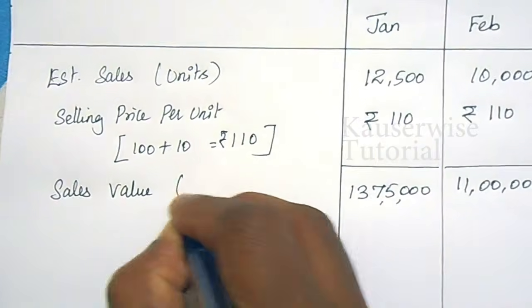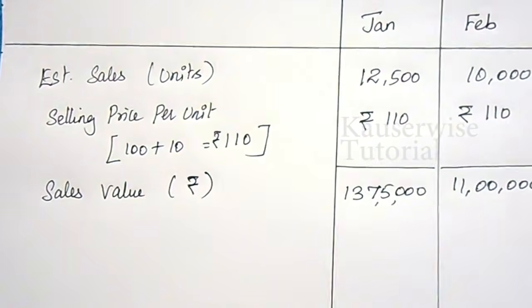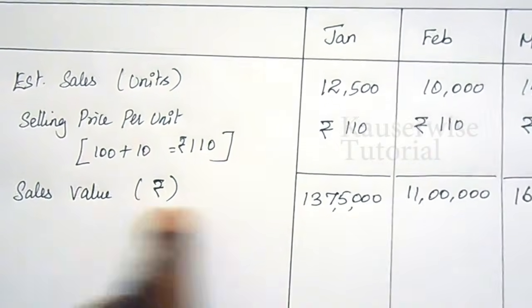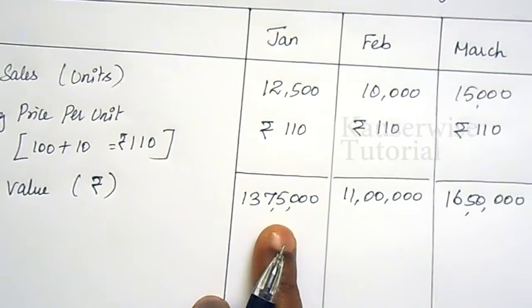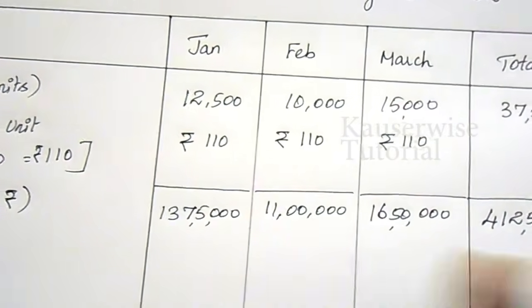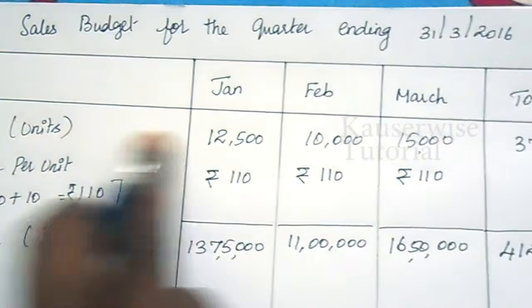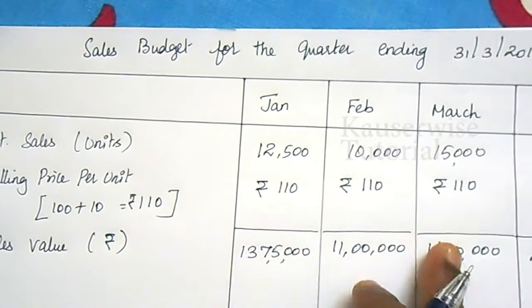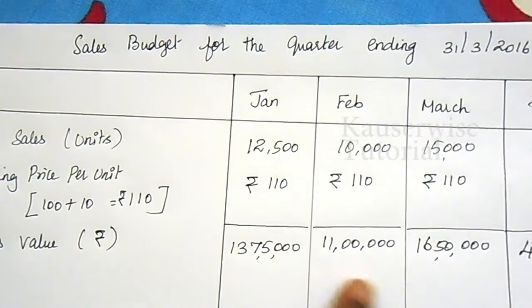So this is the sales value in rupees. Now you have got the estimated sales value in rupees. We started with estimated sales in units and multiplied with the selling price per unit, and we have got the sales value in rupees.